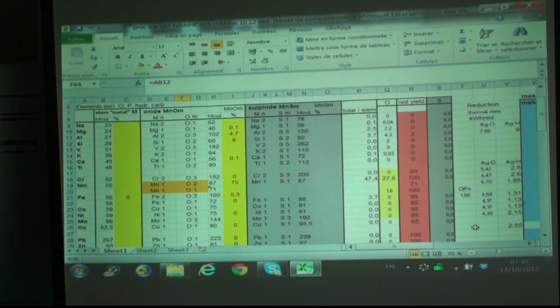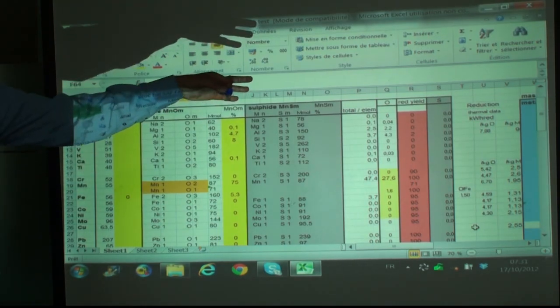And 1 mole is 60. The CO2 is 28 plus 2 times 16, so it's 60. I'm just wondering, because we are not going to find out this value, you know?